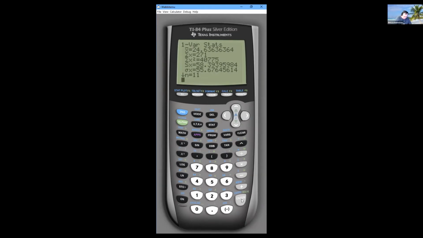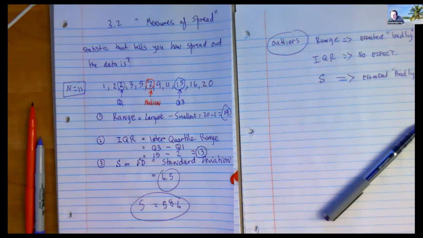Wasn't even close. 58. The standard deviation without that outlier was just a kind of normal value, 6.5. You stuck in one huge outlier and it's 58.4.